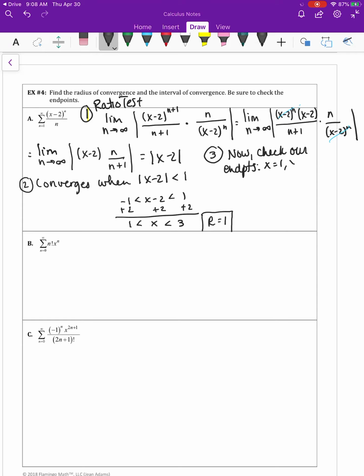So now the third thing we're going to do is check our endpoints. Our endpoints are x equals 1 and x equals 3. For x equals 1, we've got the summation from n equals 1 to infinity, and if I put 1 in, I have negative 1 to the n over n. This is the alternating harmonic series, which is conditionally convergent.